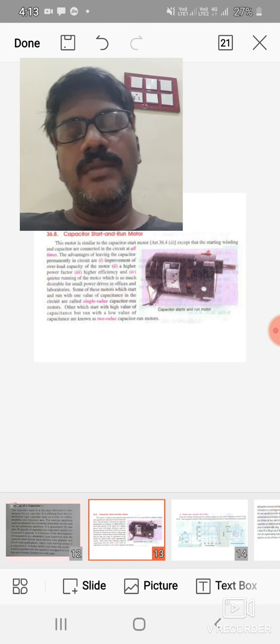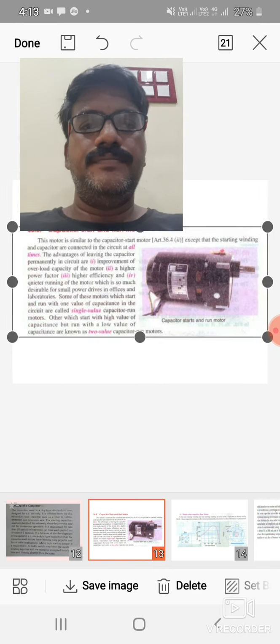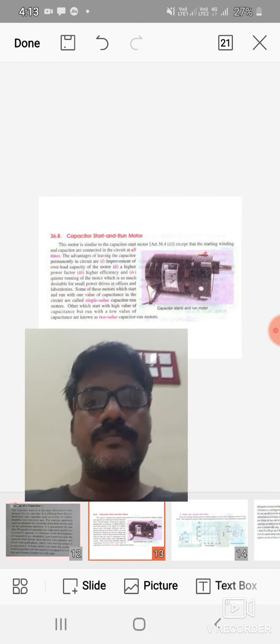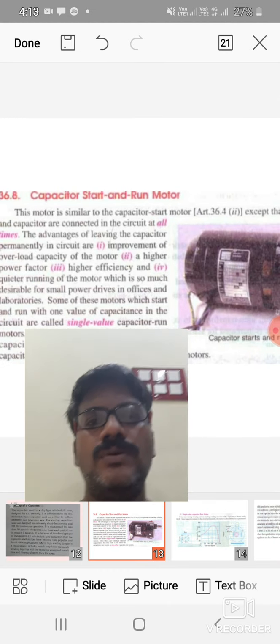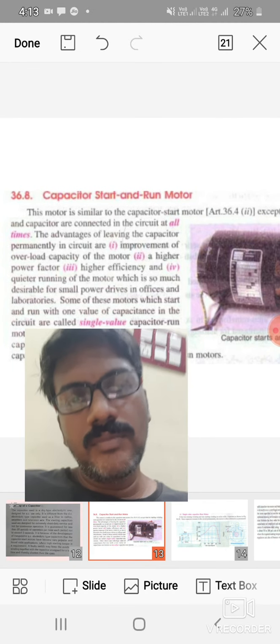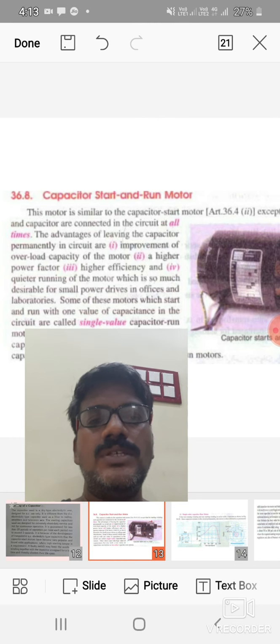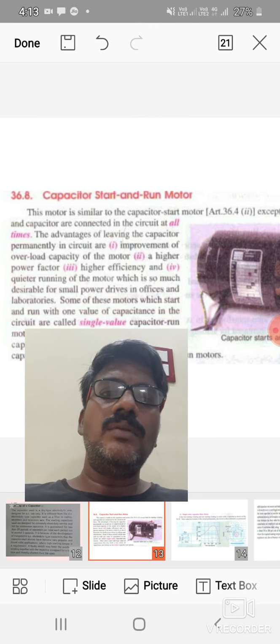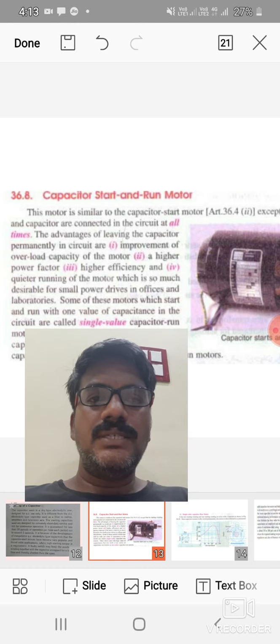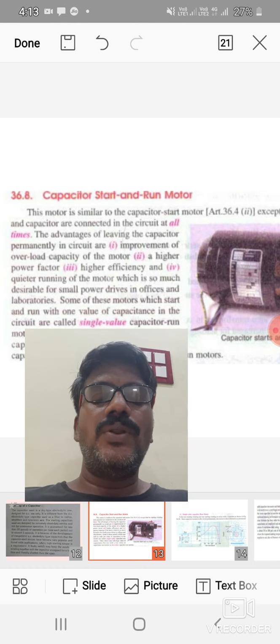So again we'll explain in brief. The capacitor start and capacitor run motor is similar to the capacitor start motor, except that the capacitors are connected in the circuit at all times.